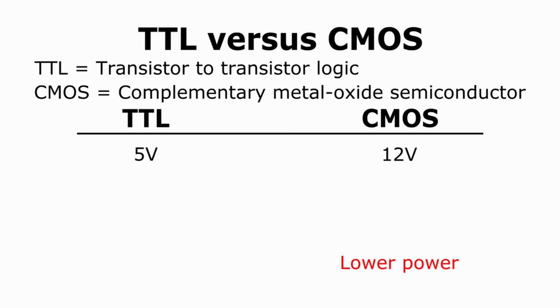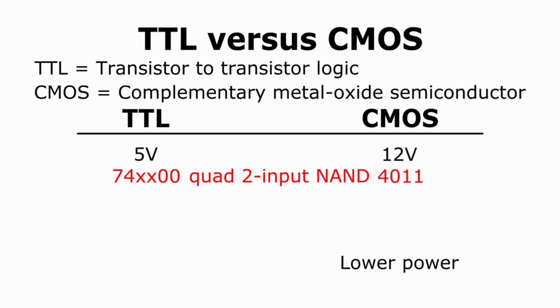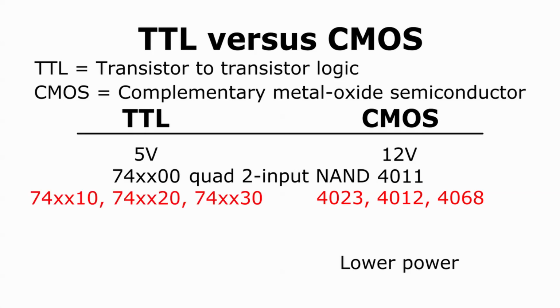The first chip in the outstanding 7400 series of TTL chips was the 7400 quad dual input NAND that we've been looking at. The CMOS equivalent is the 4011. CMOS has equivalents for the 3-input, 4-input, and 8-input NAND chips in the 7400 series.